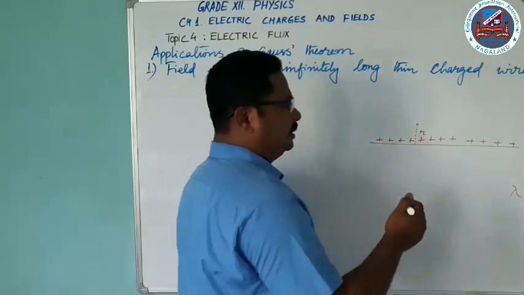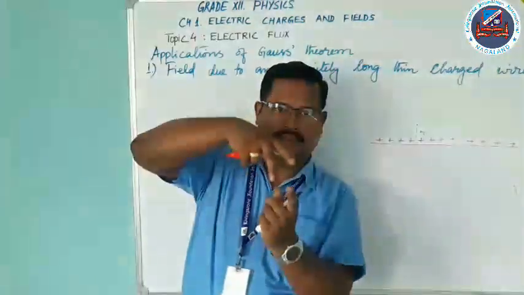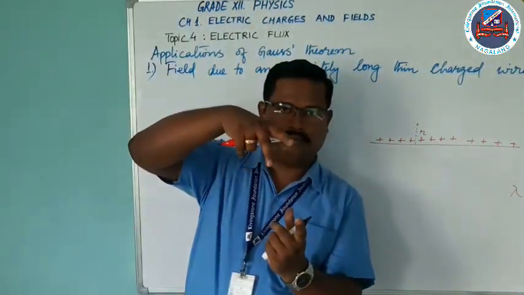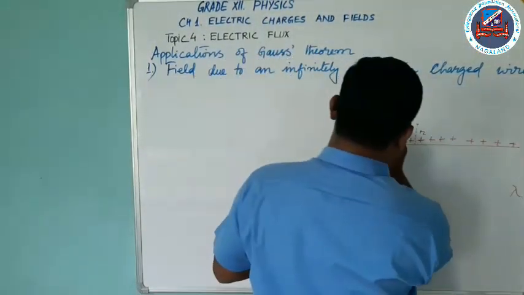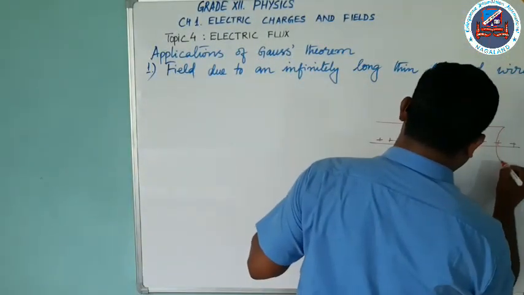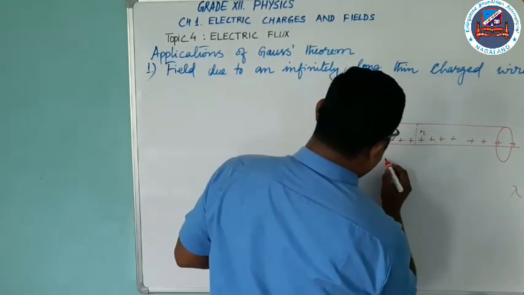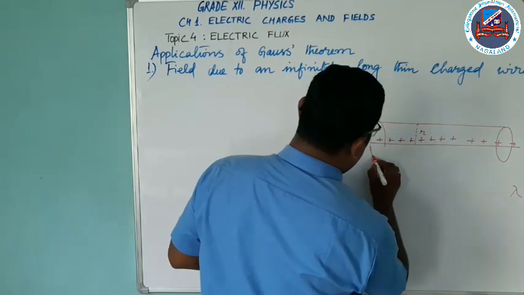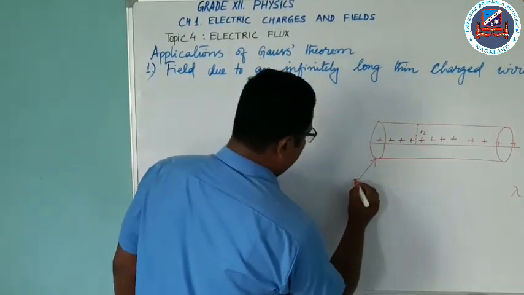The field lines going away from the positive charge will form a cylinder. The Gaussian surface will be a cylinder, like this, and this cylinder will be called the Gaussian surface.